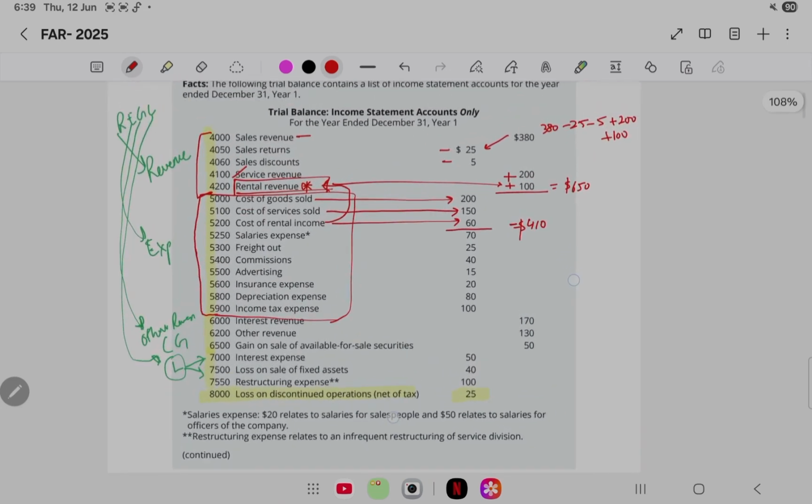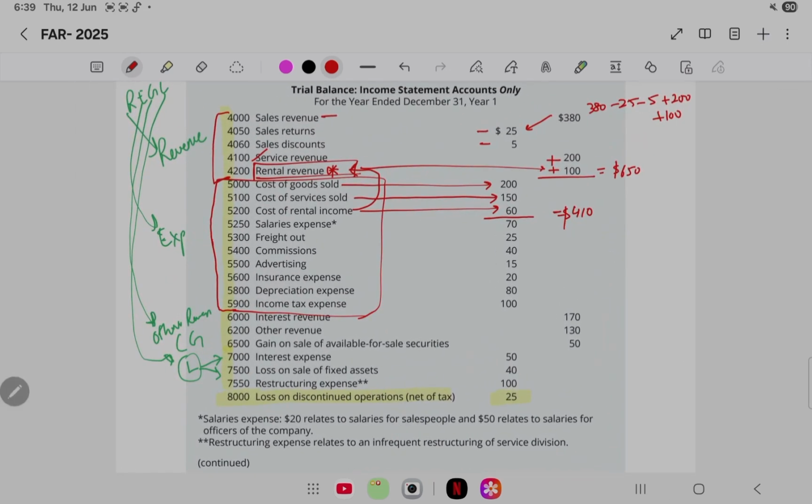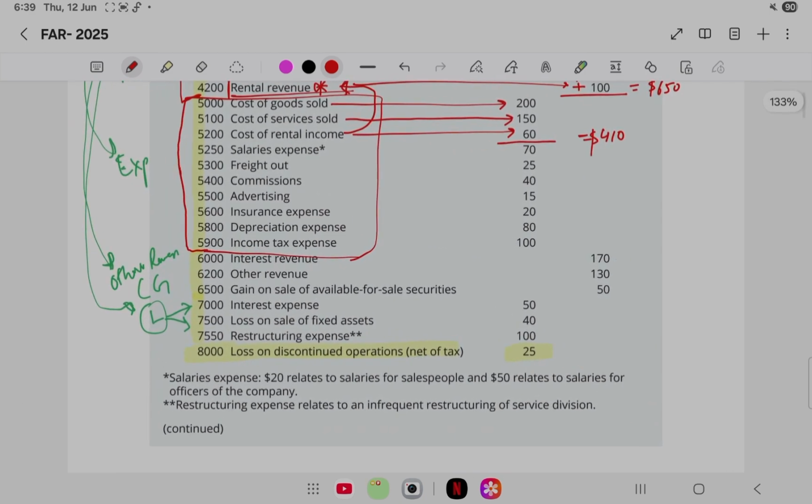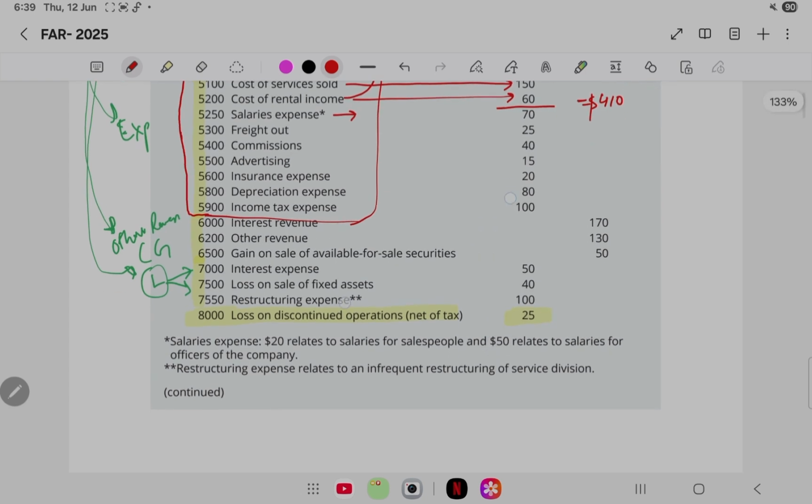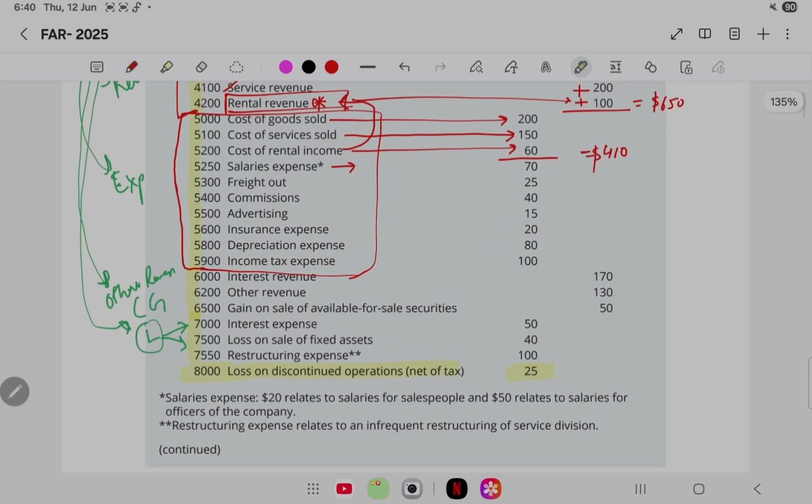Now after that I have made you write the operating expenses. In the operating expenses we can see salaries expenses. In salaries expenses 70. In salary expenses $20 relates to the salaries for salespeople.